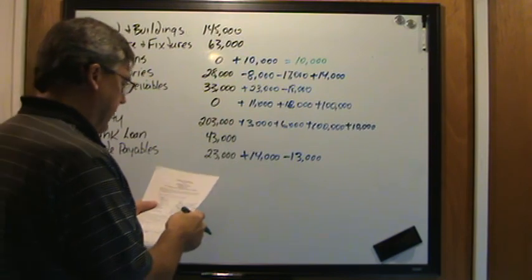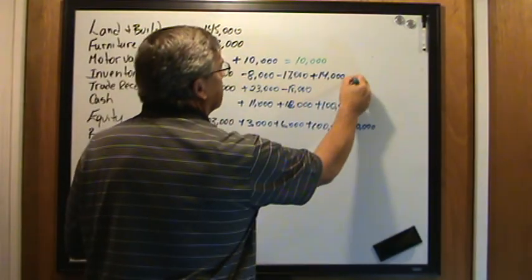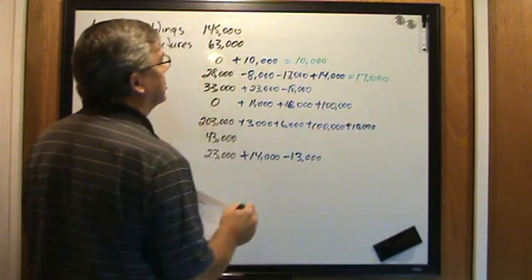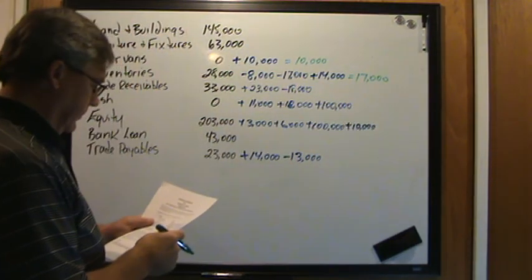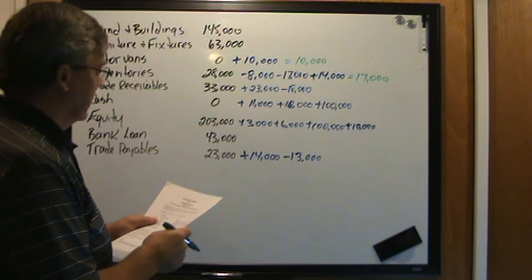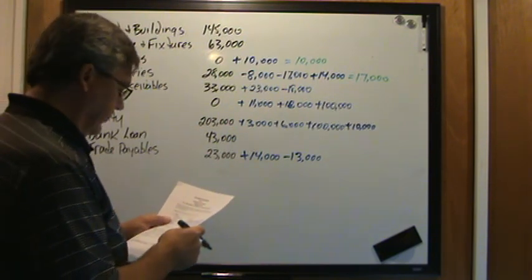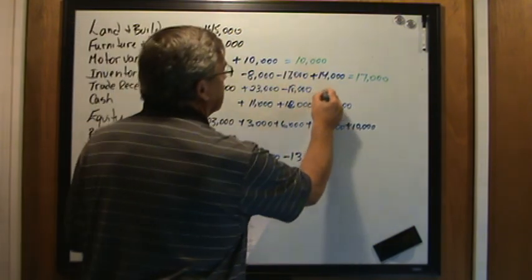Inventories add up to 17,000. Trade receivables, 38,000.